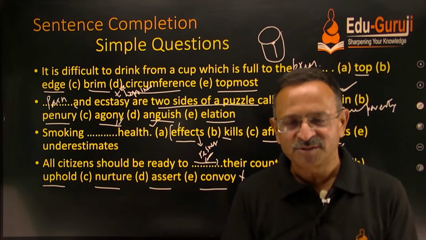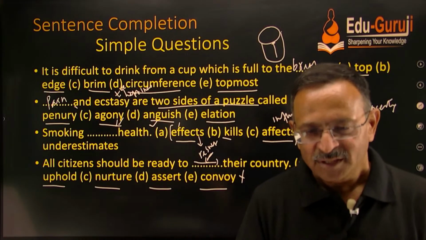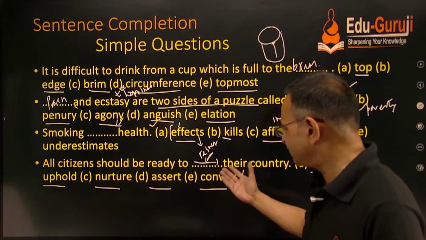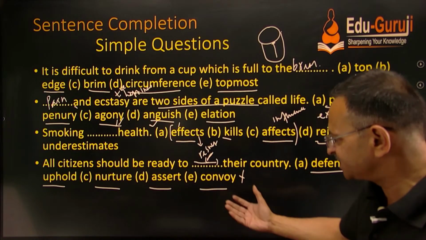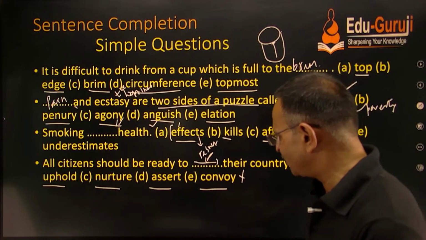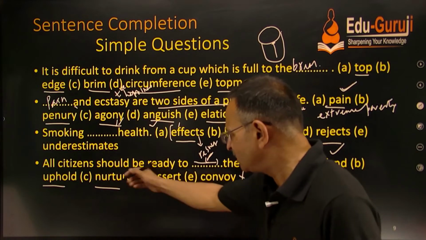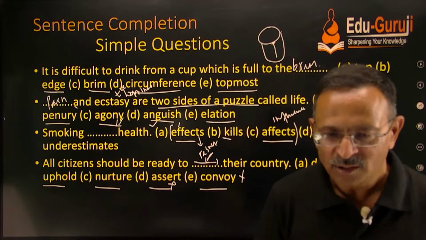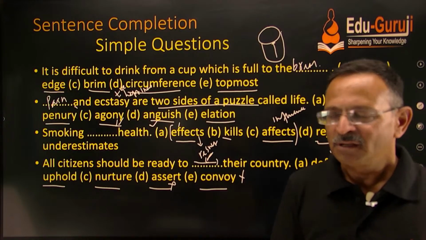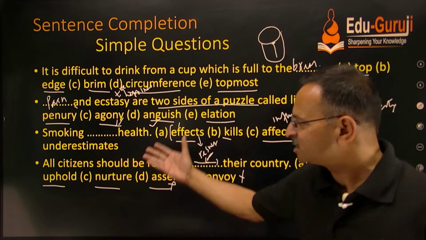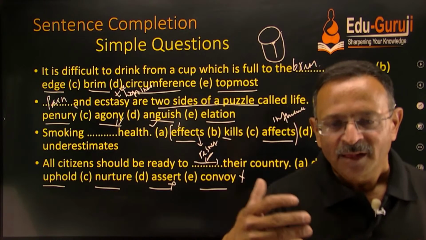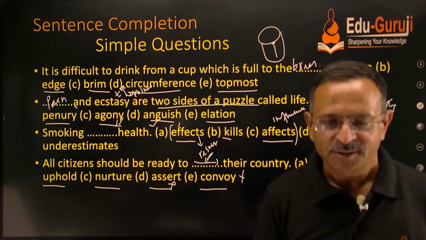Nurture is something where you take care of people, so obviously we are not here to nurture their country. Then assert is to make a claim, so these cannot come either. These questions demand that you should have in-depth knowledge of vocabulary.